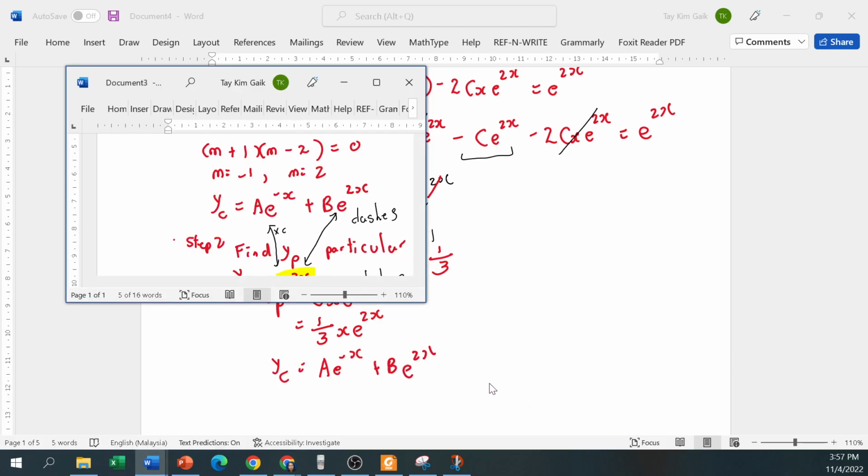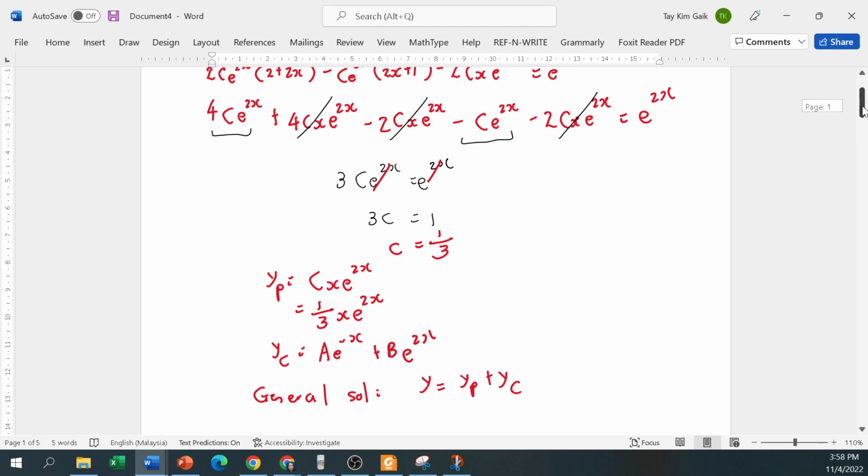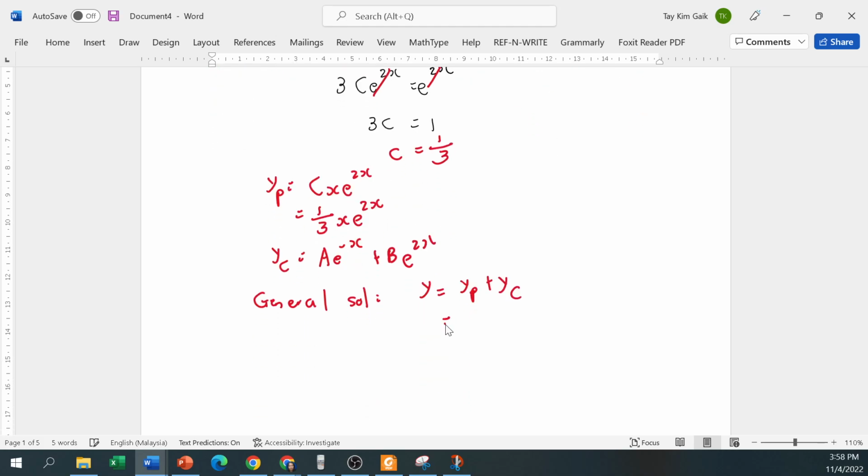Okay, then your general solution will be y equals yp plus yc, which is a exponent negative x plus b exponent 2x plus 1/3 x exponent 2x.